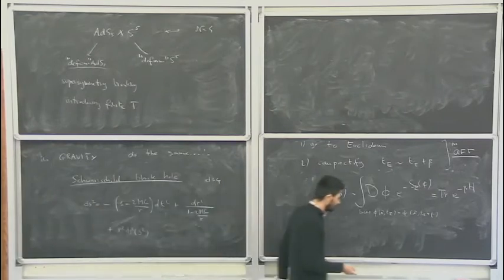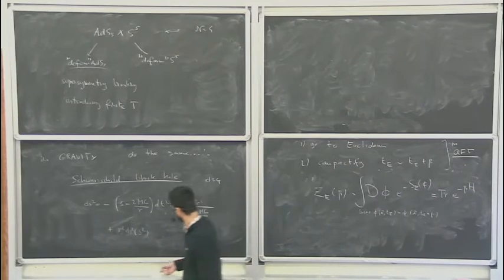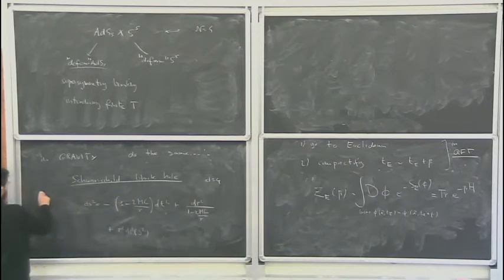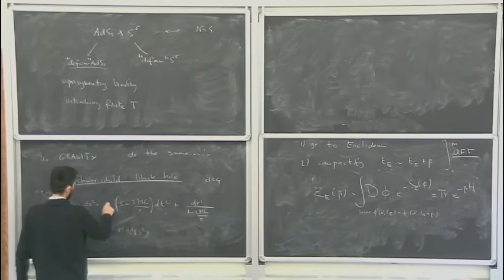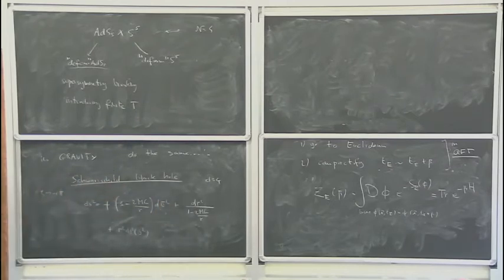So I can do the Wick rotation on the same line. If I take t that goes into minus i, let's call it tau, then this becomes plus and this becomes tau. Okay, so this is now the Euclidean solution.